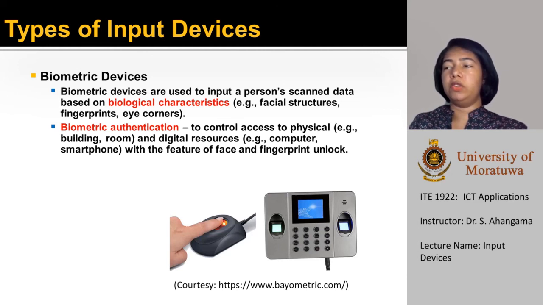They are used to control access to physical buildings and rooms, also to control access to digital resources like computer and smartphone. In those devices, they have the feature to recognize face and fingerprint, and thereby it will allow to unlock the device.